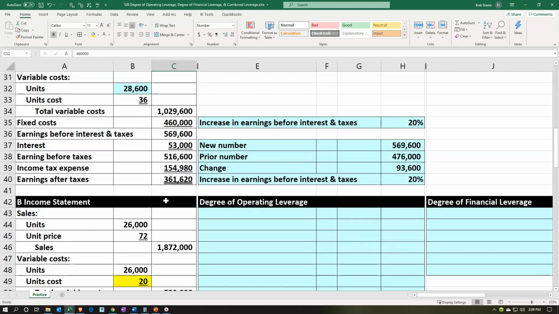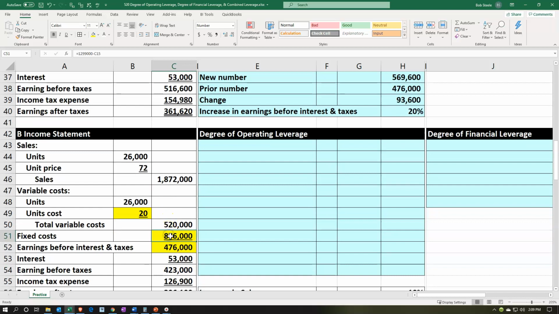So this firm now has more fixed costs, even though their earnings before interest and taxes is going to be the same. So they're more leveraged in terms of operating leverage because they have higher fixed costs, even though their earnings before interest and taxes, or operating income, is the same. So let's do this calculation for the degree of operating leverage for this firm and see what we come out to, and then we'll take a look at the changes for them.